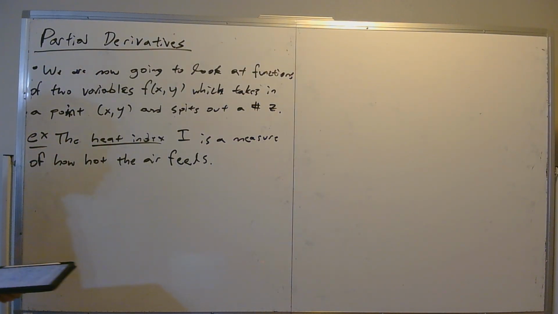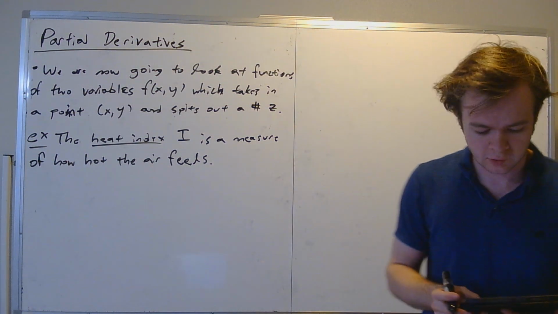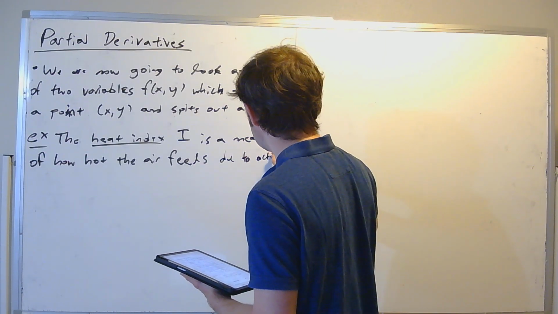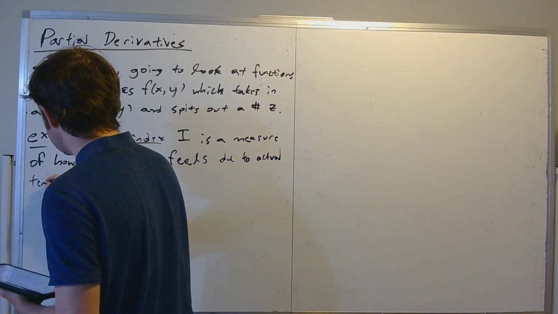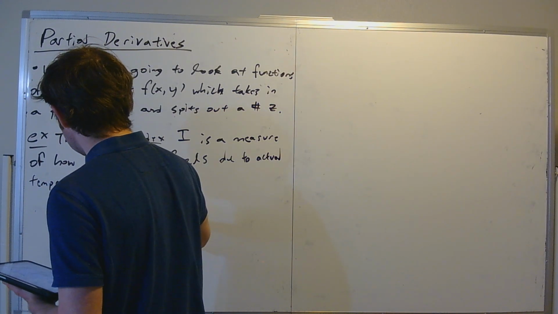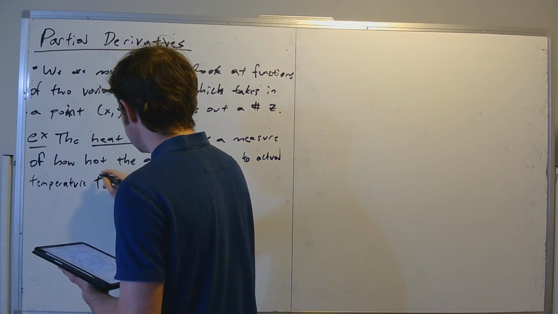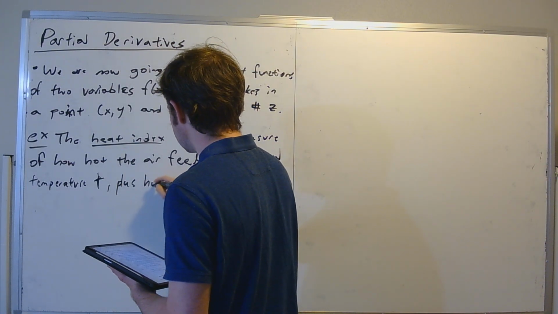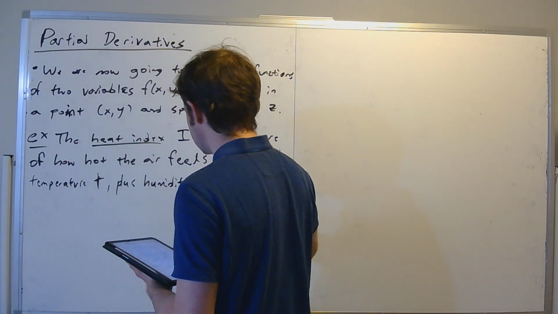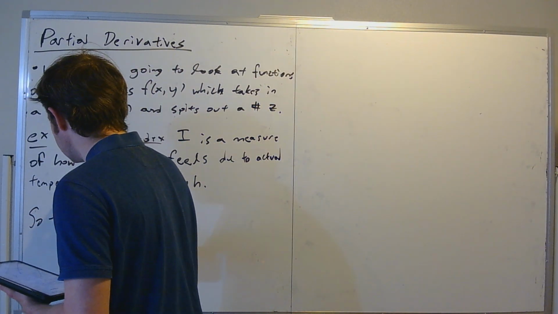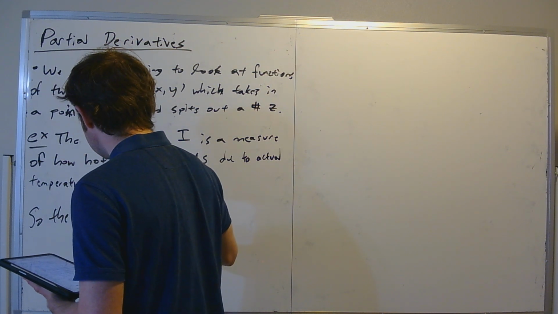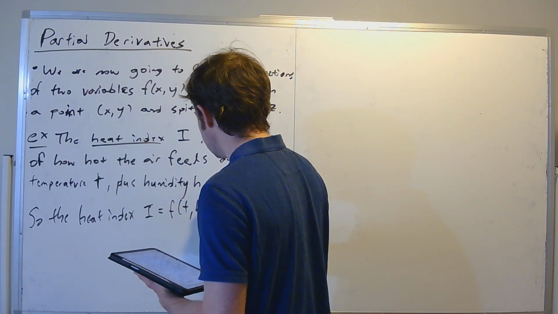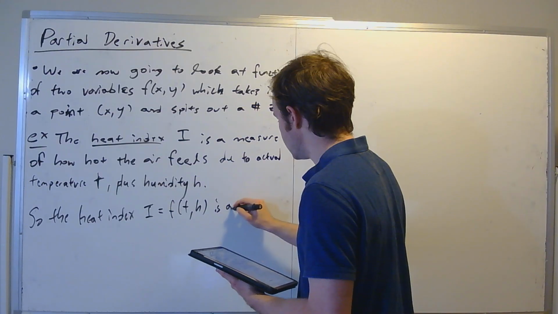Temperature is how hot the air actually is, but heat index is how the air actually feels, due to actual temperature T plus humidity H. So the heat index I equals f of T and H is a two-variable function.